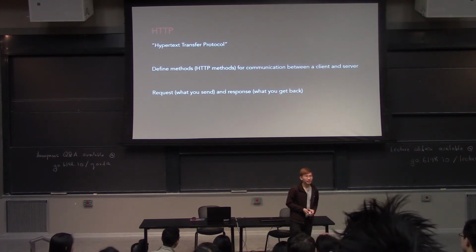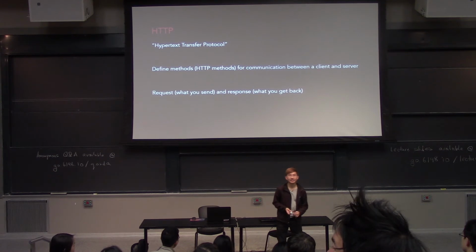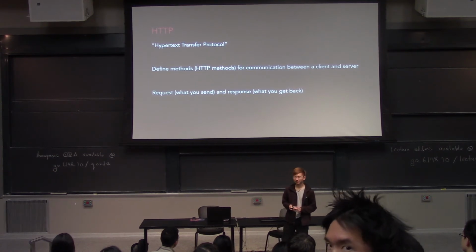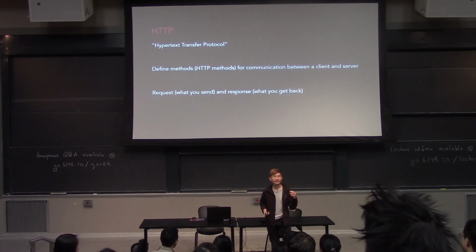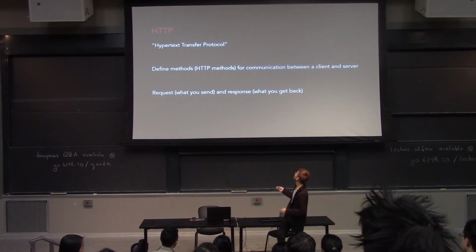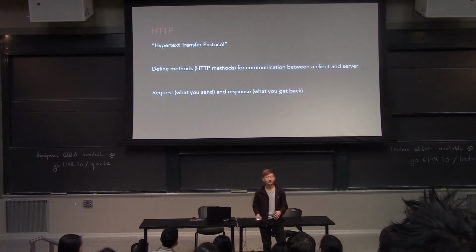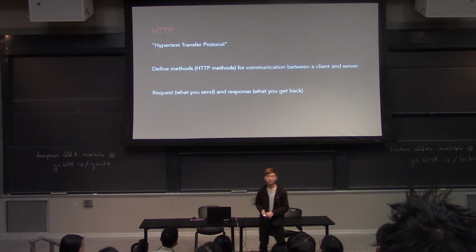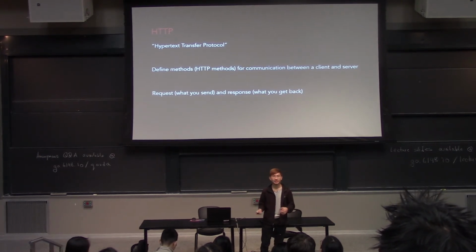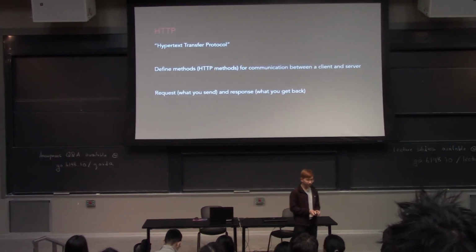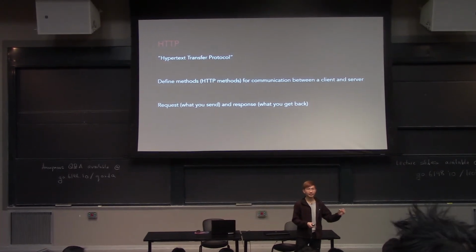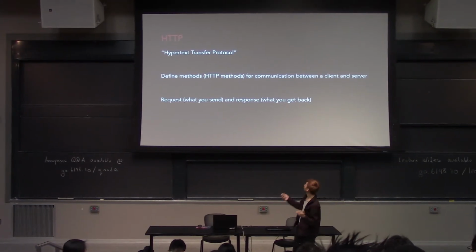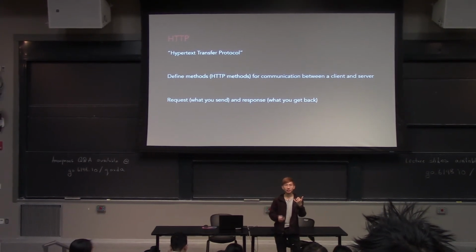All you have to understand about HTTP for this class is that it is a protocol that provides functions that we call HTTP methods, which allow a client and a server to communicate. And the way this works is through a request and response system. A client will send a request through one of the HTTP methods to a server.